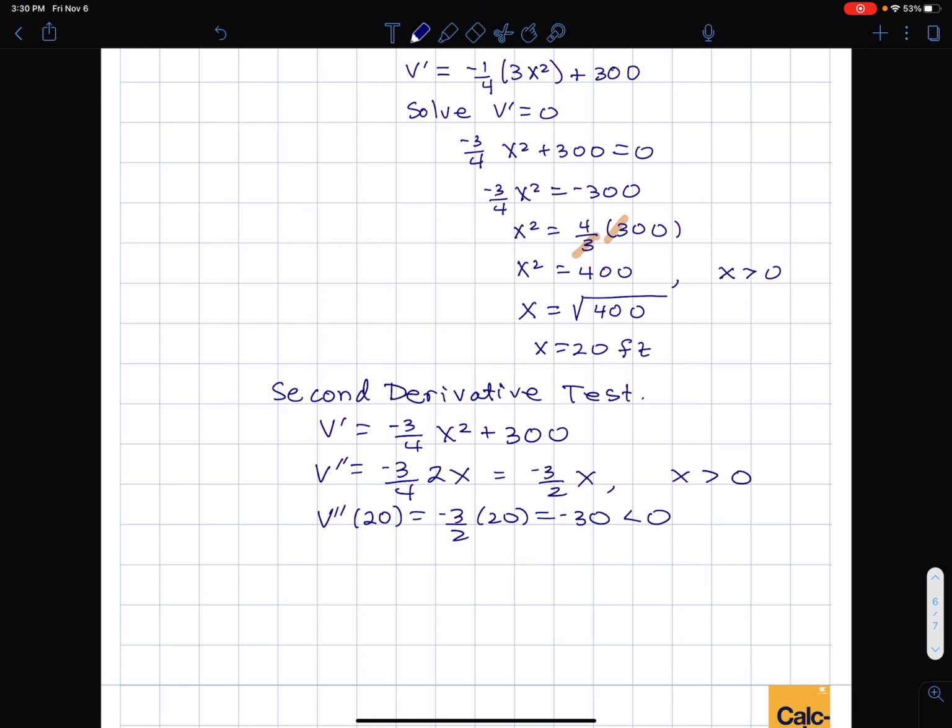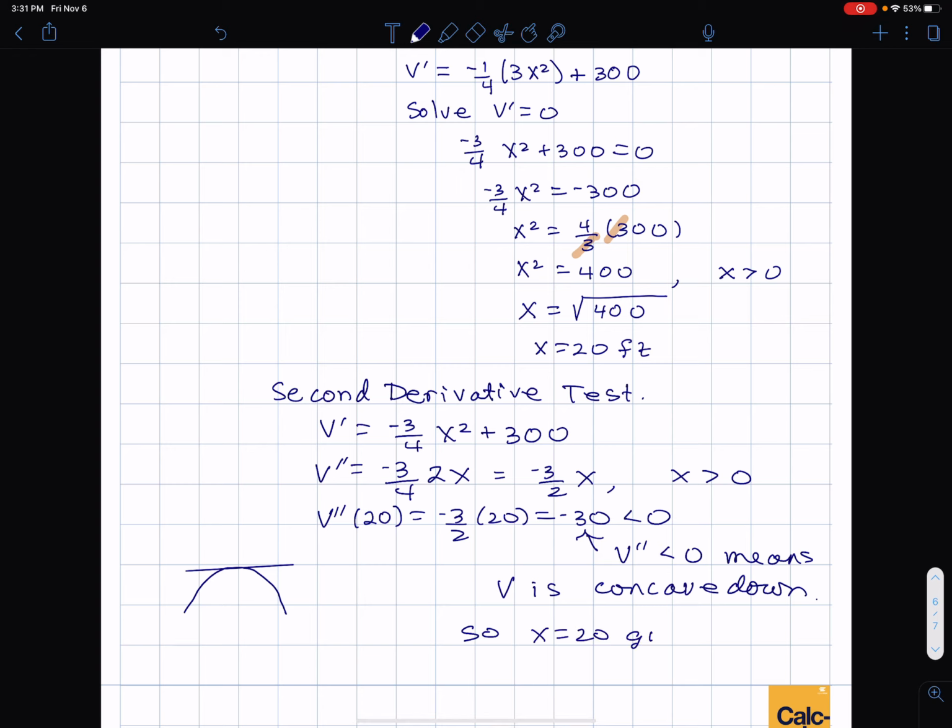Why? Who cares? Well, I care because the second derivative being less than 0 means concave down. V is concave down, and that means x equals 20 gives a maximum value.